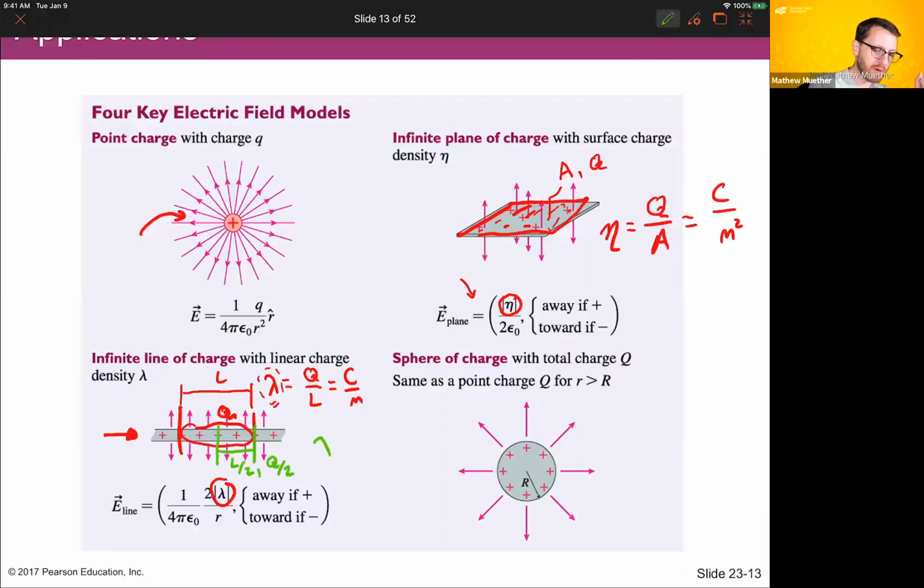If I form the linear charge density from that portion, I would get Q over 2 divided by L over 2, the halves cancel out, and I get a charge density that matches what I calculated earlier. That's the beauty of these charge densities: it's a physical property of the charge distribution that's independent of the particular amount. It defines how the charge is distributed, how much charge is packed in any given area. It doesn't depend on the particular segment of the material that I'm looking at.